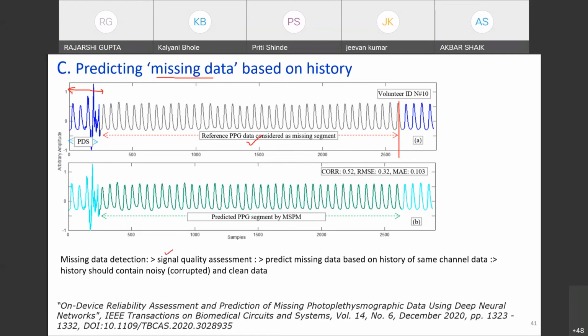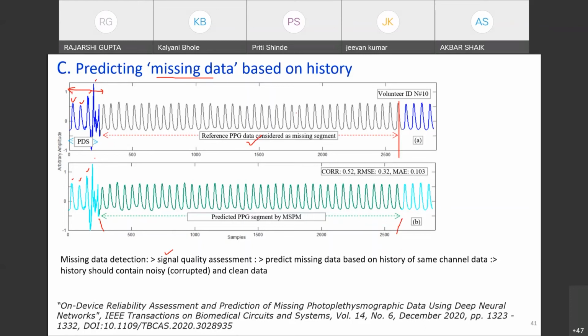Let me first show you the result. If this is the history data, with these good quality pulses and these two bad quality pulses, then using these two good and two bad quality pulses, our algorithm could predict around 30 to 40 pulses in the missing segment.